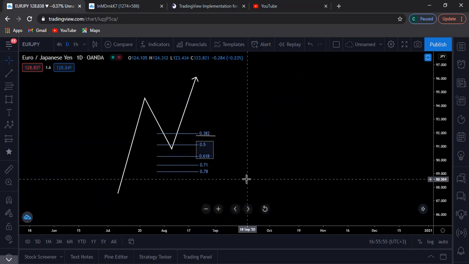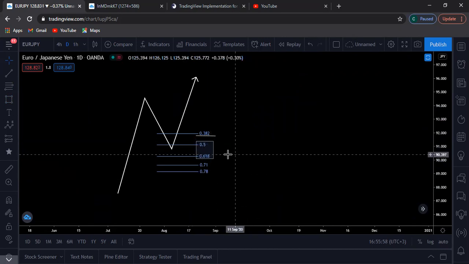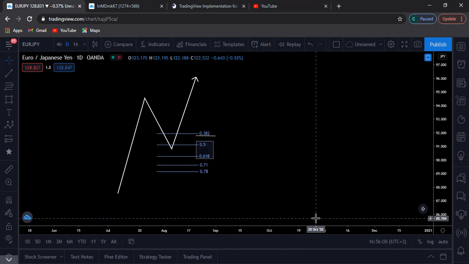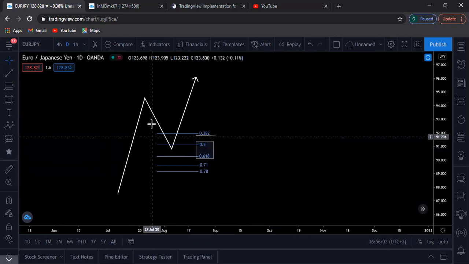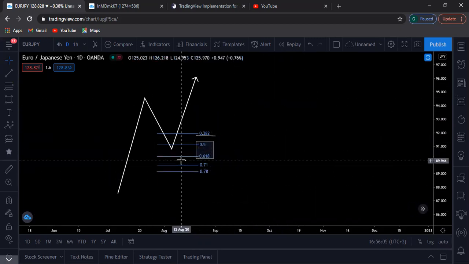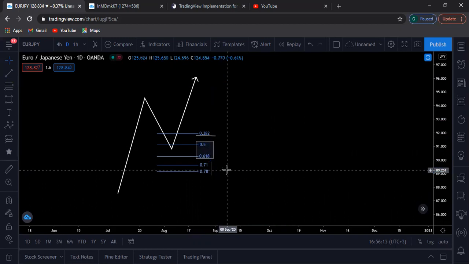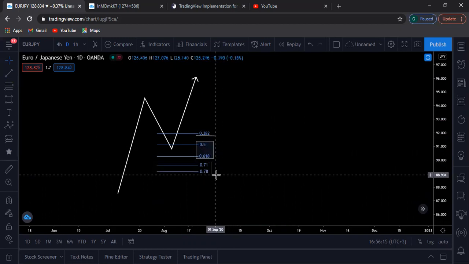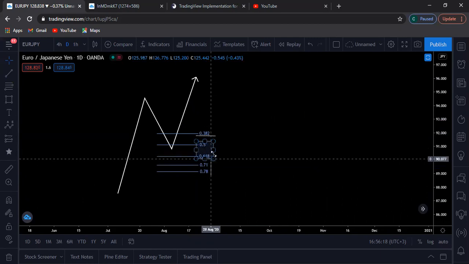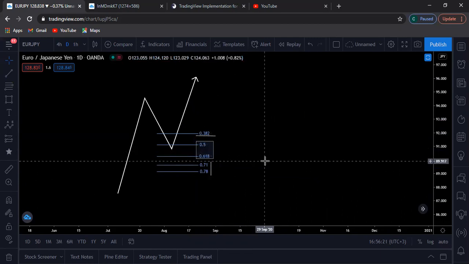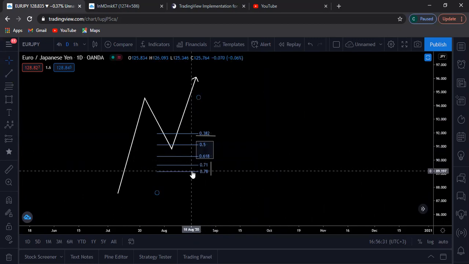And these two represent a healthy trend, not a very strong trend and not a very weak trend. Because if the market reached all the way down here to around 0.71 and 0.78, this represents a very weak trend. Now, these two, 0.5 and 0.61, represent a healthy trend. That's why they're called the golden key. The market, most of the time, is just a healthy trend. It's not very strong, it's not very weak, right? These two are the ones that I use most of the time, okay?